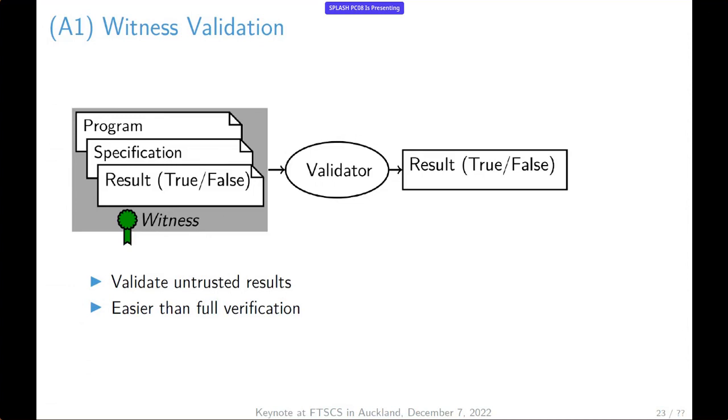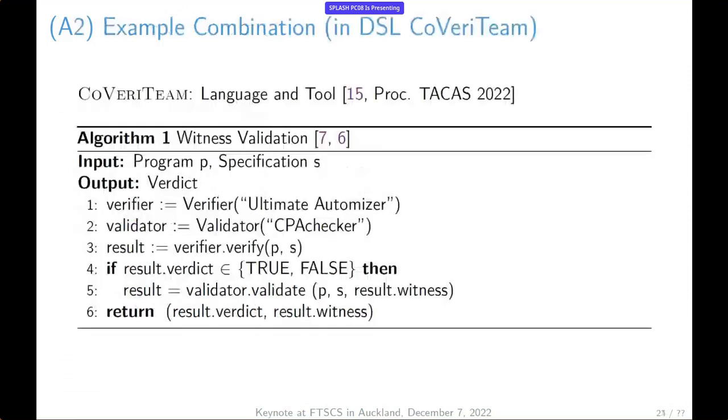Okay, give me your witness. Maybe it contains meaningful invariants. I will find out with the validator. Or a verifier says, okay, I have found a bug, and the validator says, okay, give me the witness, and I will check whether this is really an error path. And maybe this way we get more efficient strategies for verification if we do not have the requirement to be precise. So far about witnesses.